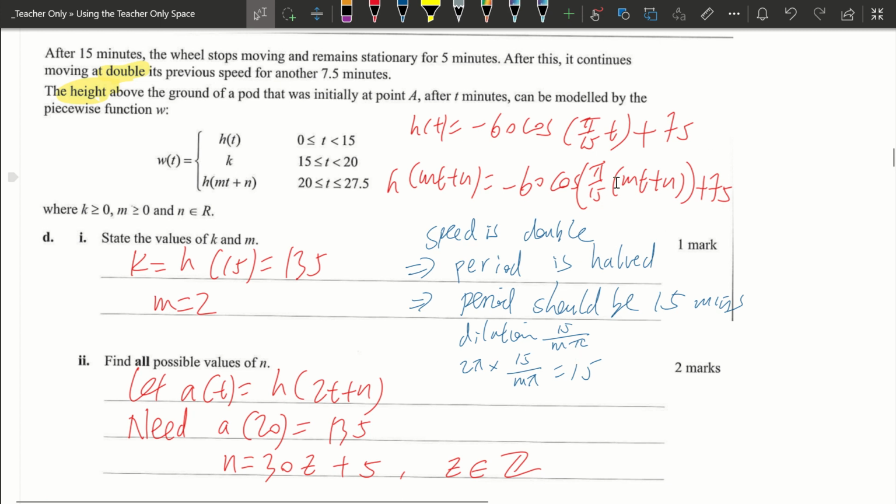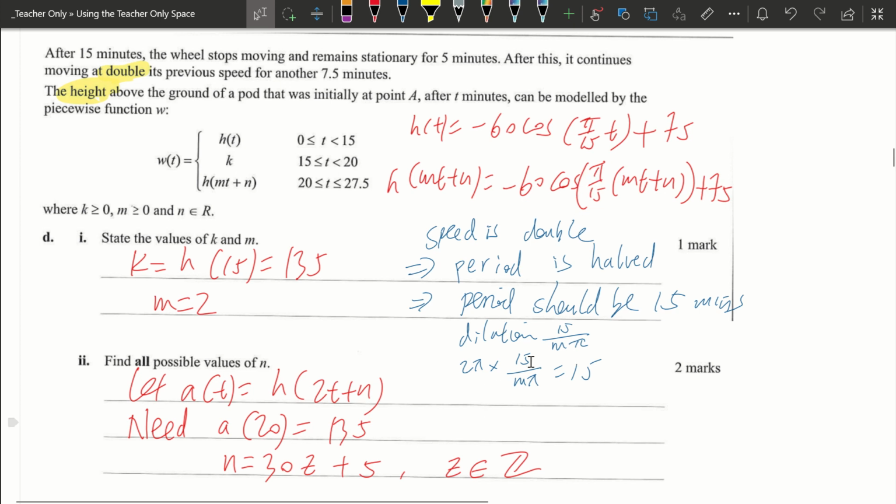Okay, so the coefficient of t is m pi over 15. The coefficient of t is m pi over 15. So the dilation is the reciprocal of it. So the reciprocal is 15 over m pi, which means the period is the original period of a simple cos t function, which is 2 pi.